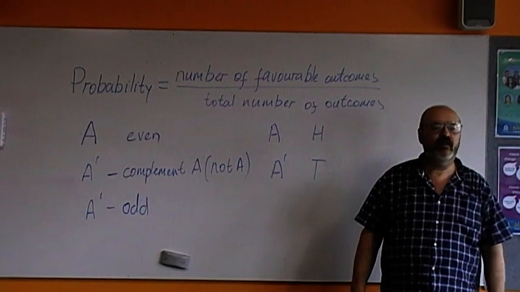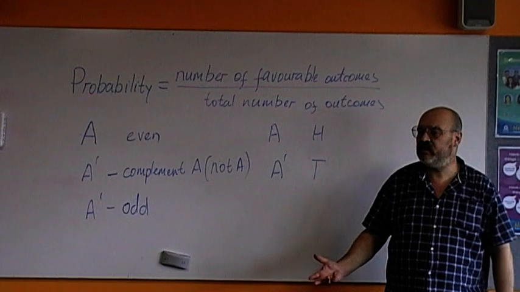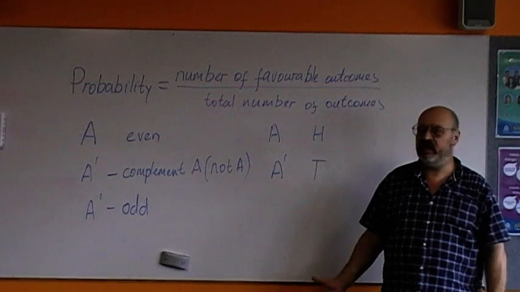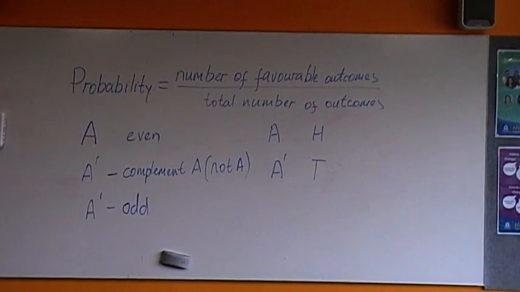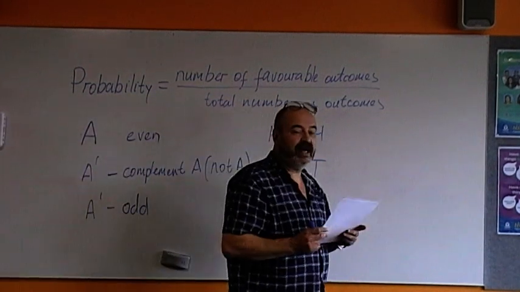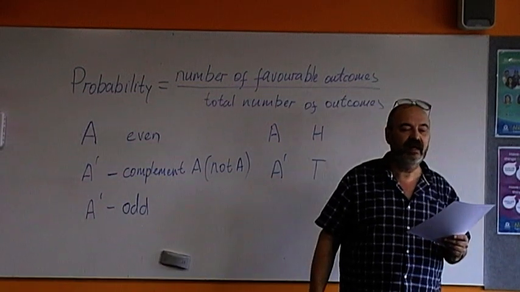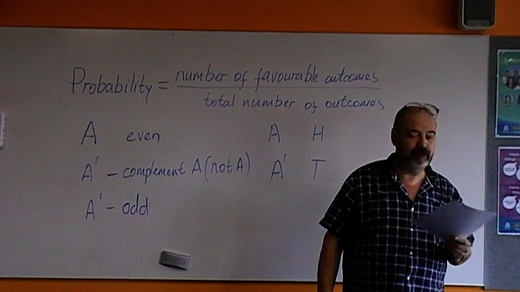Now, when we have simple single events, it's quite easy to calculate probabilities. For example, let's consider the next situation. Let's say we choose a number at random from 1 to 10.